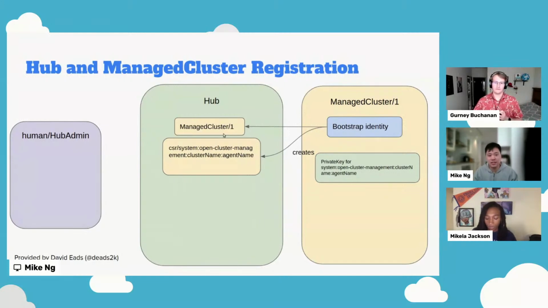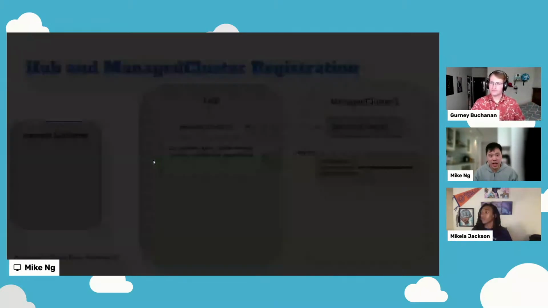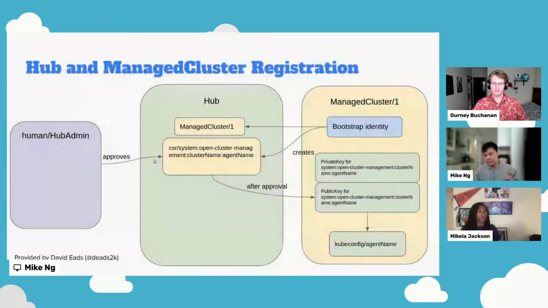So in a certificate signing request, it is in a name shape like this, so it's in a format that the hub admin can recognize. After it's created, you saw that we have a chance to approve. After the approval, we won't use the bootstrap identity anymore.